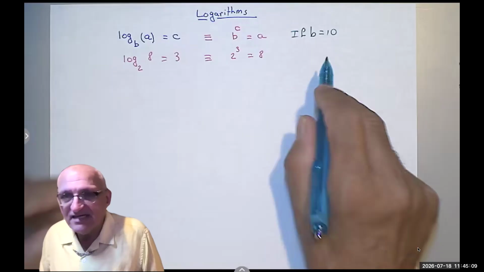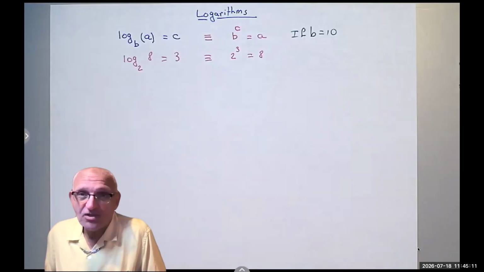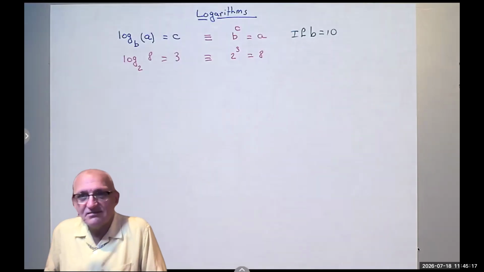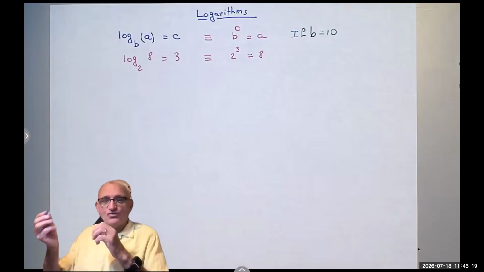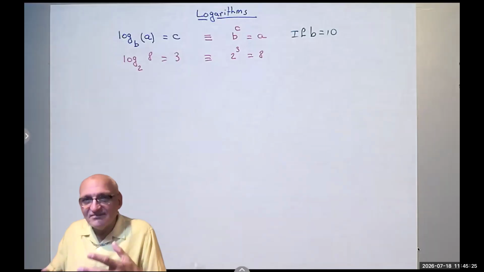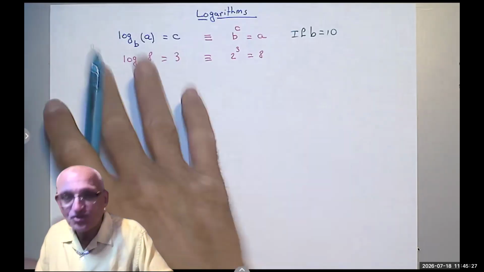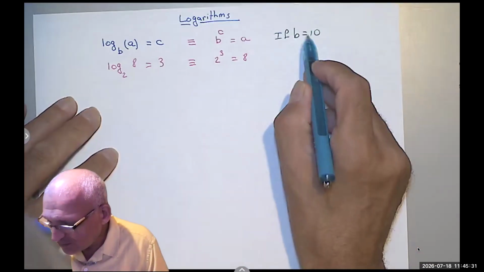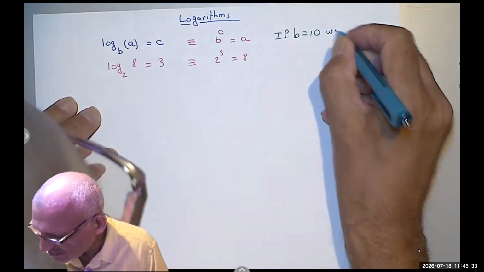Meaning, if you say 10 to the 1/2, which is the square root of 10, I will get the log of 10 to the 1/2, and that would be 1/2. I'm going to show you the rule so you will understand. But if the base equals 10, we don't write it.